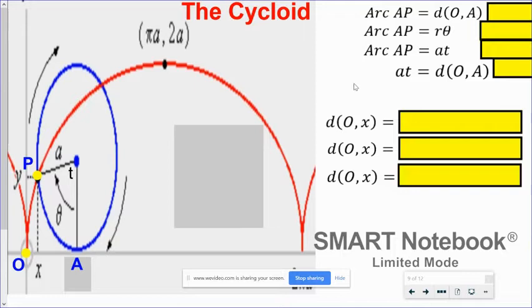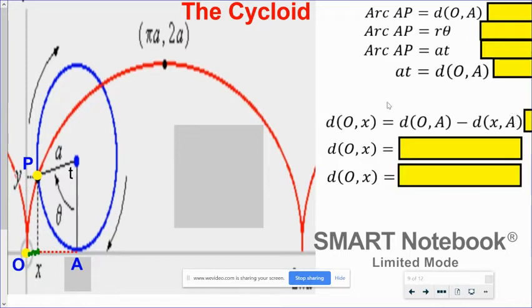Well, let me take a look at the distance from O to X. See if I can find that distance in there for you guys. This little distance right there, you can see it. What do I know about the distance from O to X? Well, that little distance is the distance from O to A, taking away this part right here, which is the distance from A to X. So the distance from O to X is the distance from O to A, taking away the distance from X to A. Okay, so far so good.